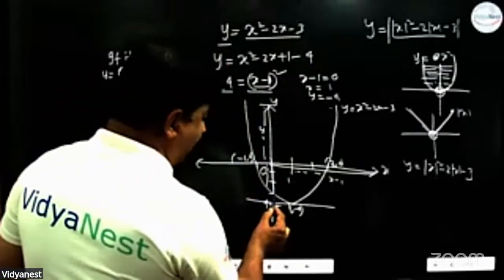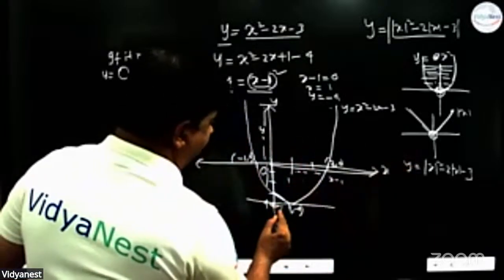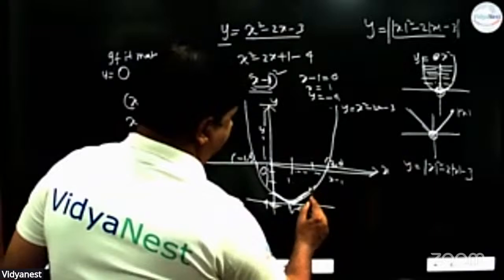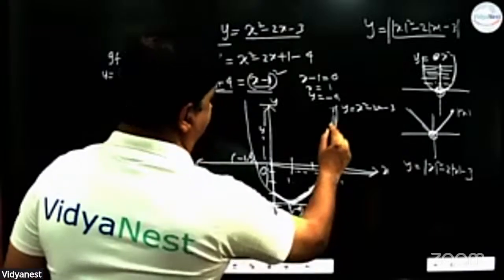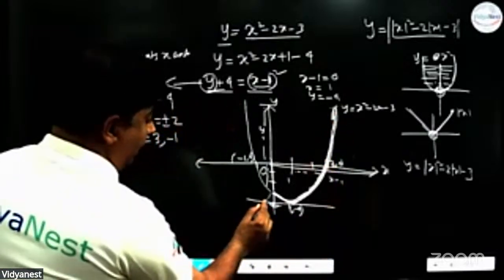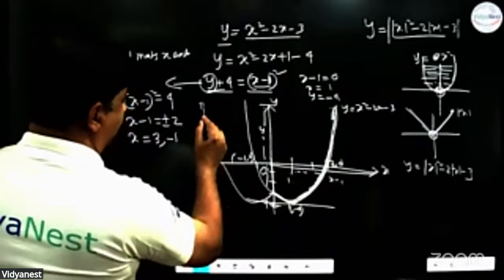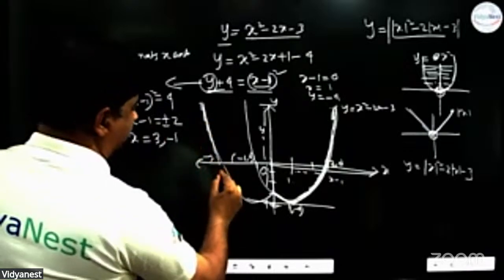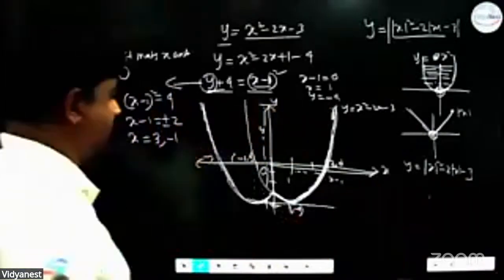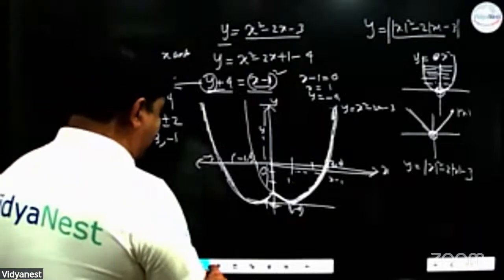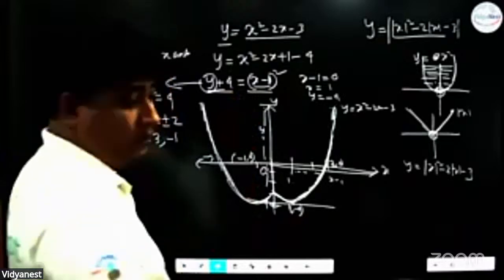So, the main part on the right hand side of the origin, that bold part, I am drawing it with thickness, that will have an image. Yes or no? Yes, sir. That is the graph of this. So that part will be reflected. Yes or no?